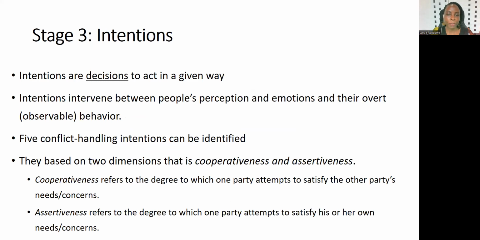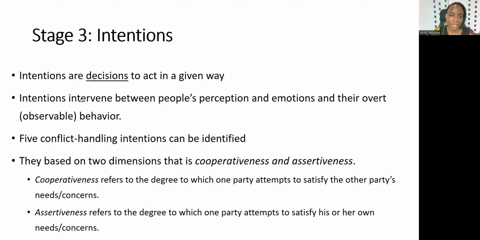Stage 3, I have perceived conflict. I'm even personalizing and feeding the conflict. Before I do anything, in my mind, there is this sort of intention that goes through my mind. Intentions are the decisions that we make to act in a certain way.